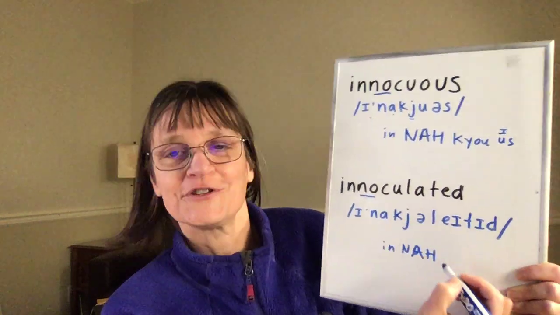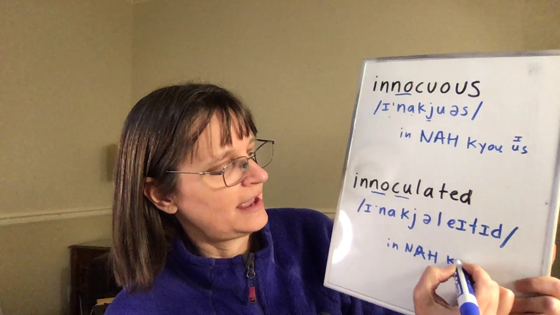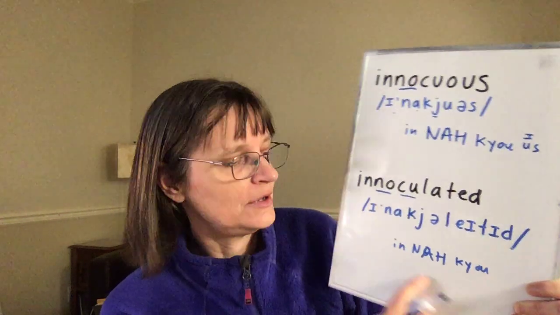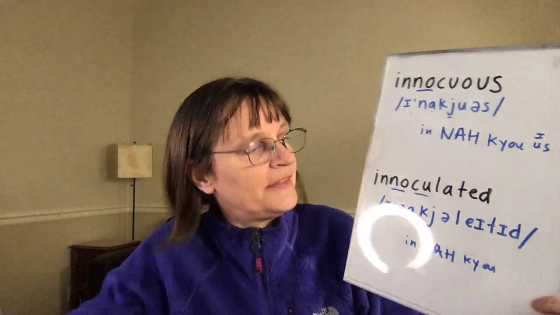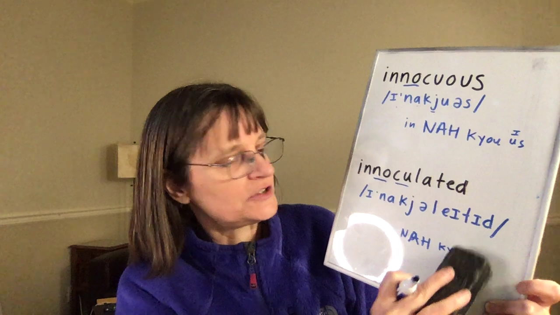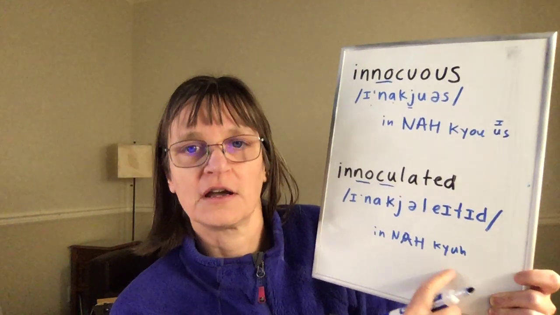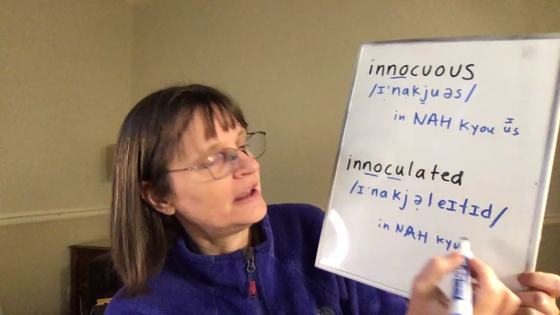And then we also have the CU saying Q with a K sound, and our glide, our U, innocu. And actually, in this case, because it's unstressed, that U becomes more of a schwa. So more innocia instead of innocu. Innocia, we see that schwa there.